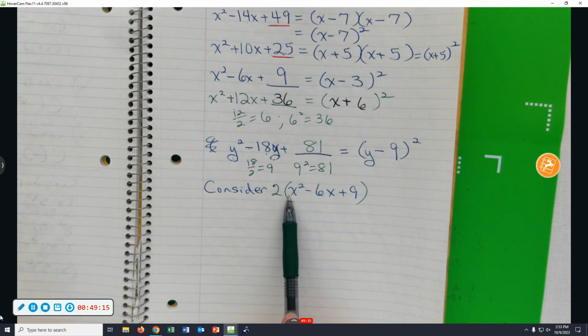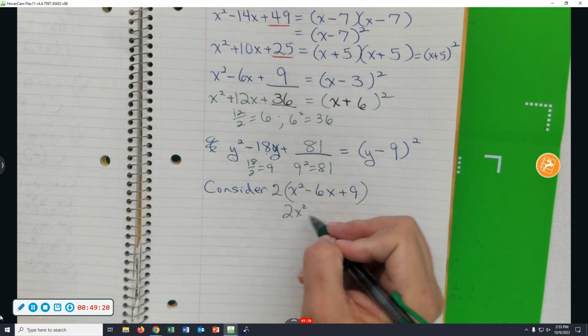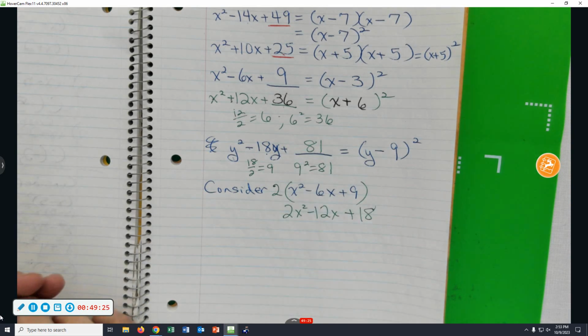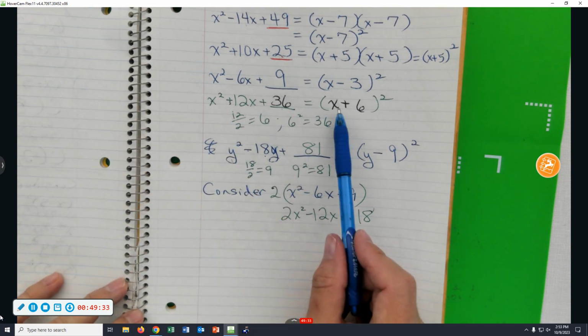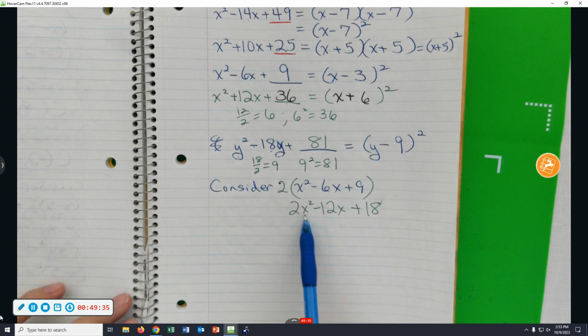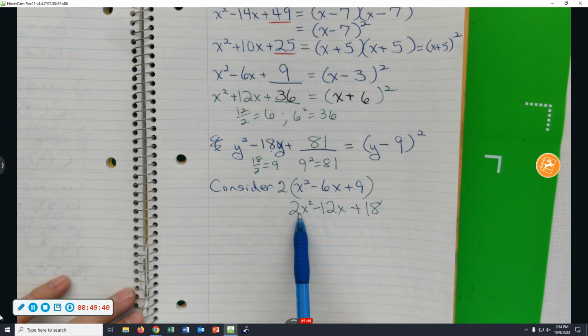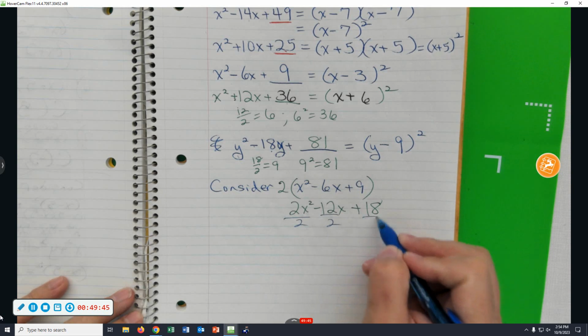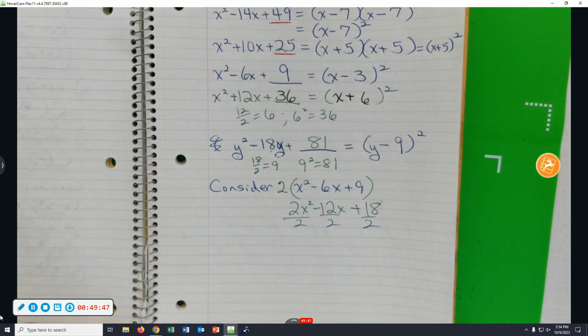Then what would be the coefficient of x there? 2x squared minus 12x plus 18. That is undesirable. If you have a number in front of your x squared, for this pattern to work making perfect square trinomials, that number in front of x squared must be a 1. So if you have any number there other than 1, you're going to have to divide through everything by that number. And you'll see what I mean in a little bit.